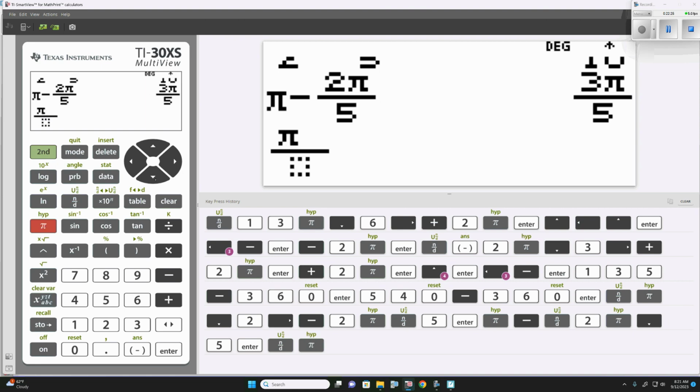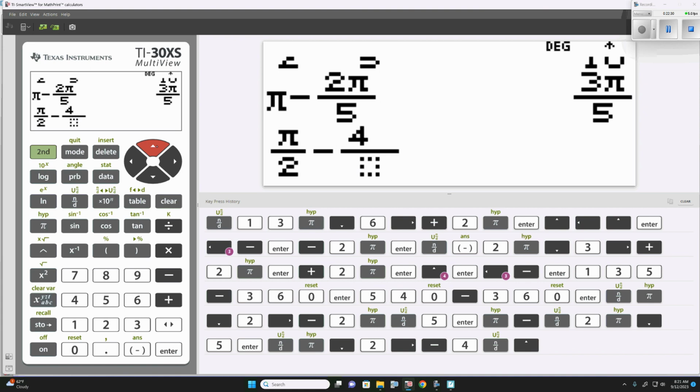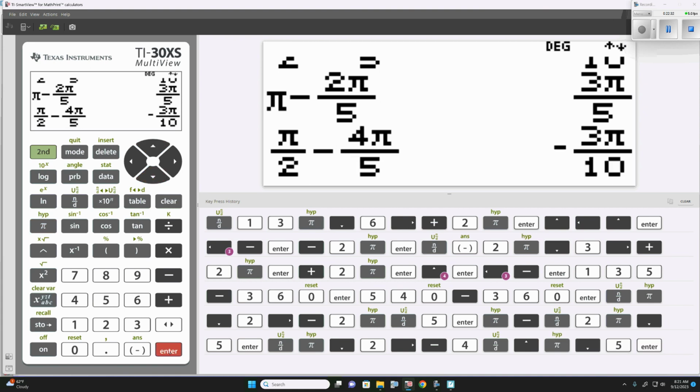So I'm going to say pi over 2 minus 4 pi over 5, which gives us what? Almost negative 3 pi over 10.